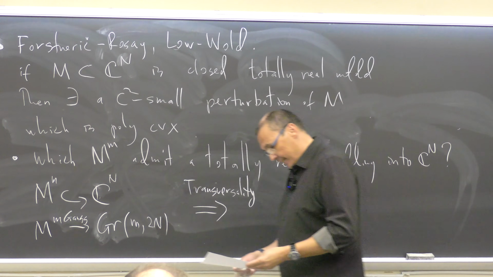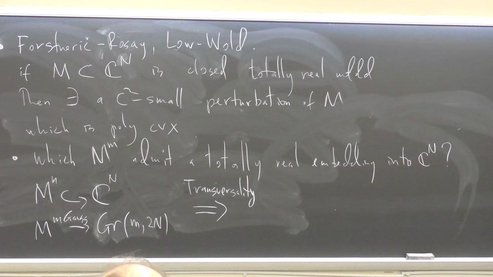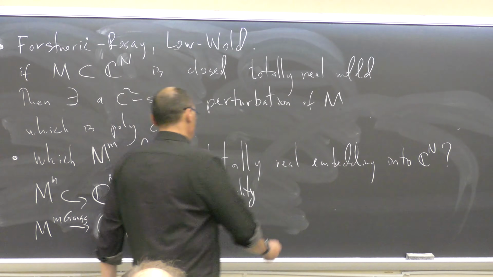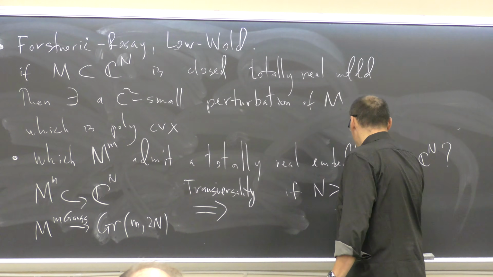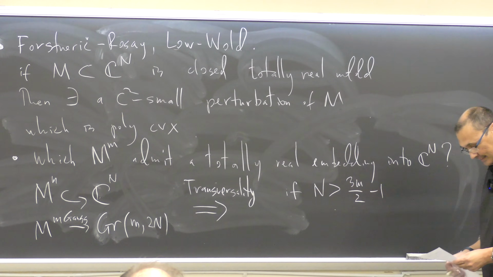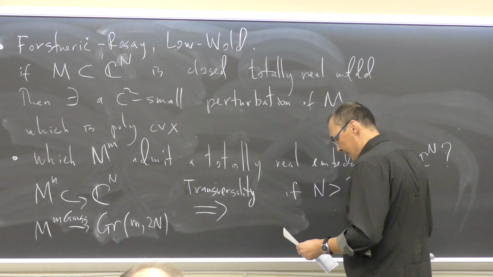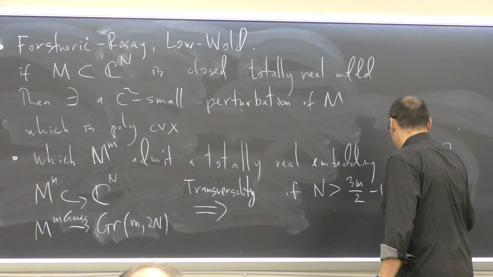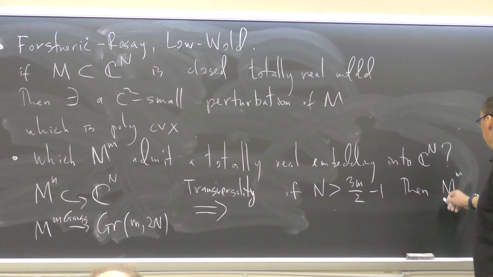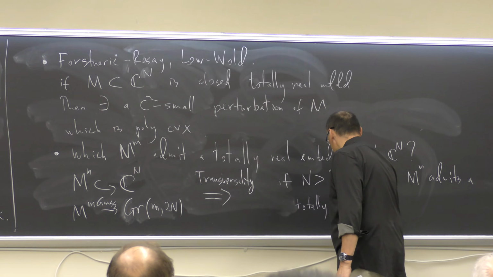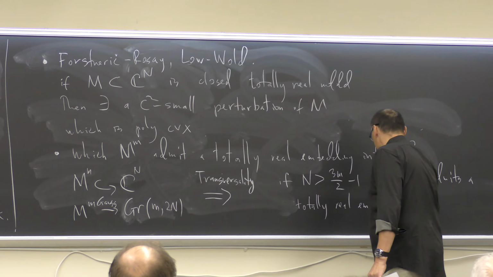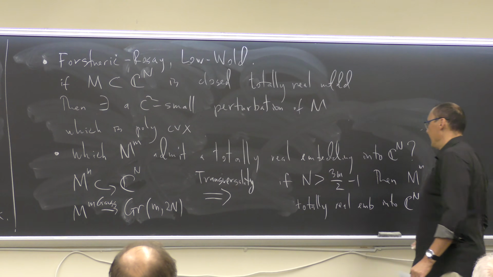And the result is that if n is bigger than 3m over 2 minus 1, then M of dimension m admits a totally real embedding into Cn.